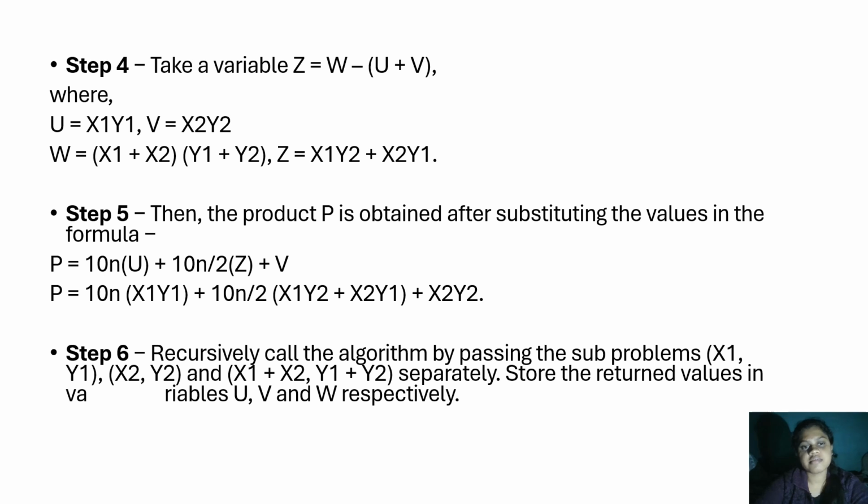And step 4, take a variable z equals w minus u plus v, where u equals x1 y1, v equals x2 y2. Here x1 is the first two digits of the first 4-digit number, and y1 is the first two digits of the second number, and v equals x2 y2, where x2 is the last part of the first number and y2 is the last part of the second number.